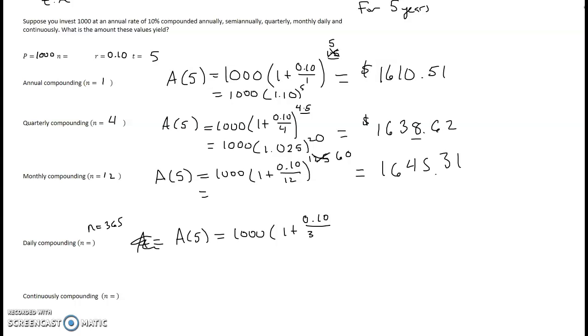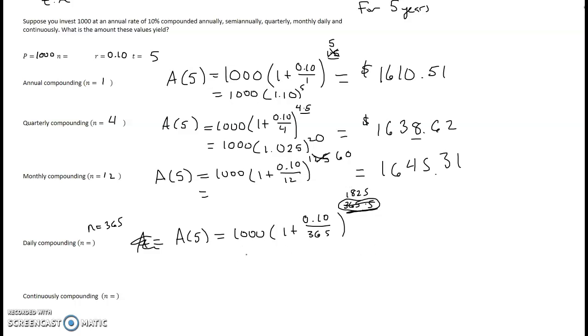And then we're compounding this 365 days this year. It's not a leap year. And then it's going to be 365 times 5. 365 times 5 is 1825. So I will change this to 1825 as my exponent. The reason I'm doing this is sometimes people don't get this whole thing up in the exponent, so it's best to just work this out to one single number.